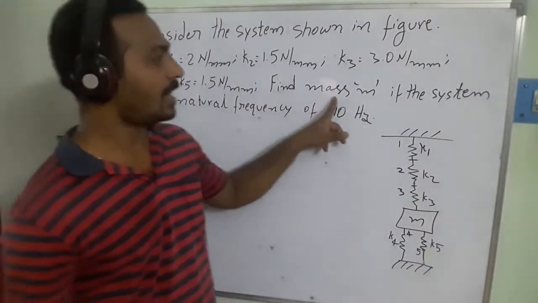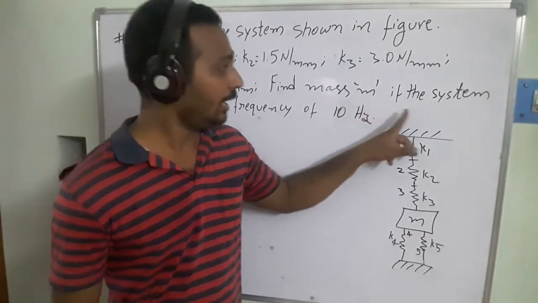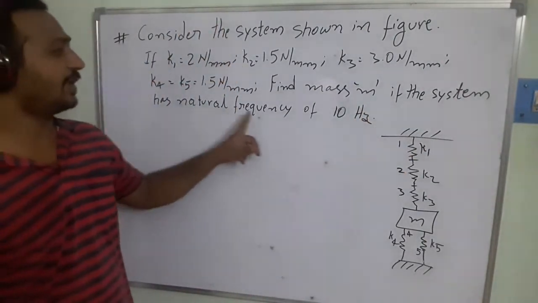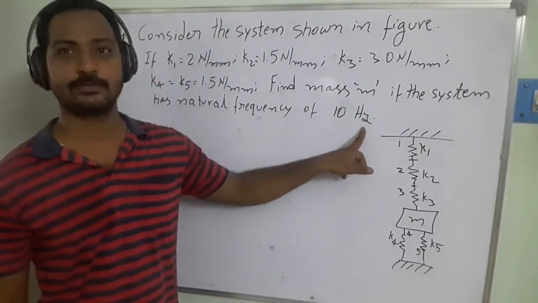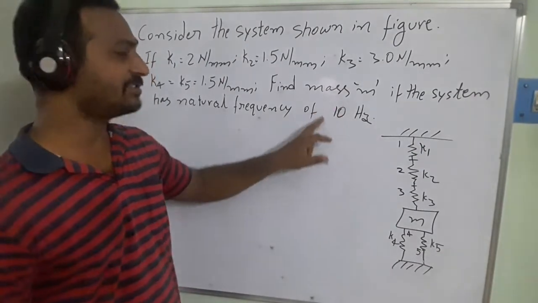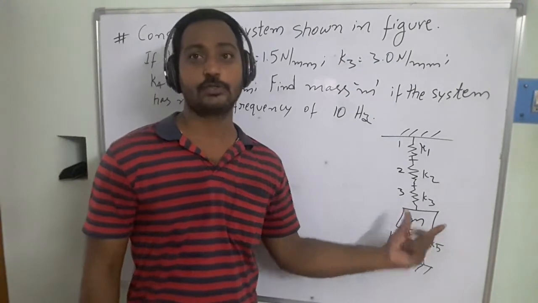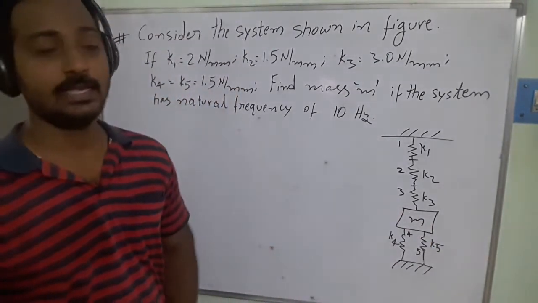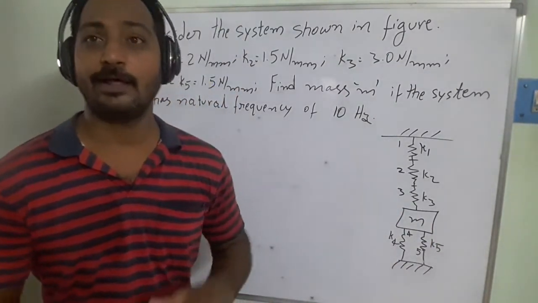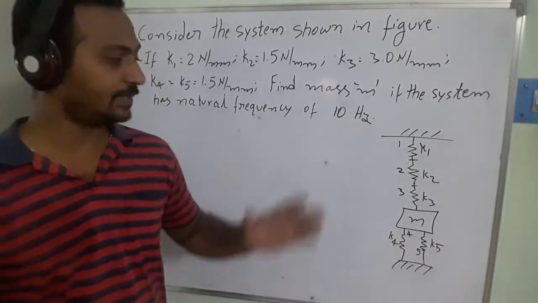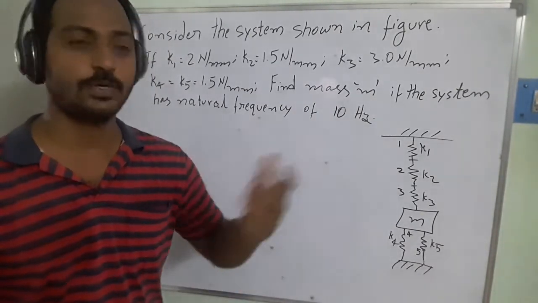Then find the mass m if the system has a natural frequency of 10 Hz. The natural frequency is given, but we need to calculate the mass, so we have to create the equivalent stiffness of these 5 springs and substitute into that equation.